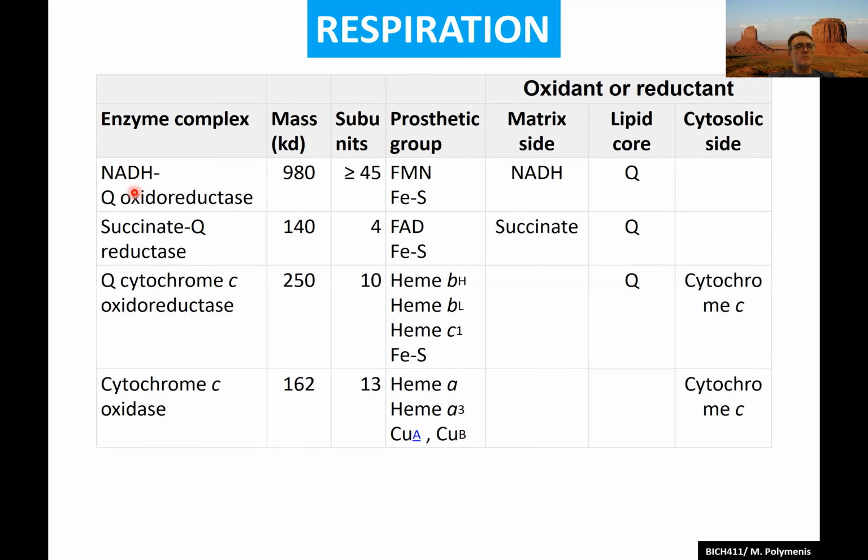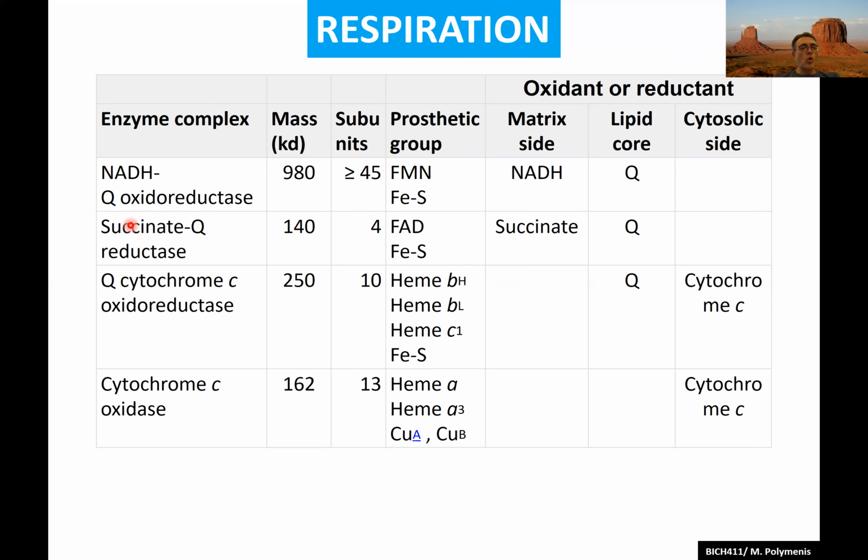complex 1 oxidizes NADH. Okay, and complex 2 receives electrons from FADH, and we saw that in the TCA cycle already. Complex 1 and complex 2 are going to transfer their electrons onto coenzyme Q. So the chain doesn't go from 1 to 2.